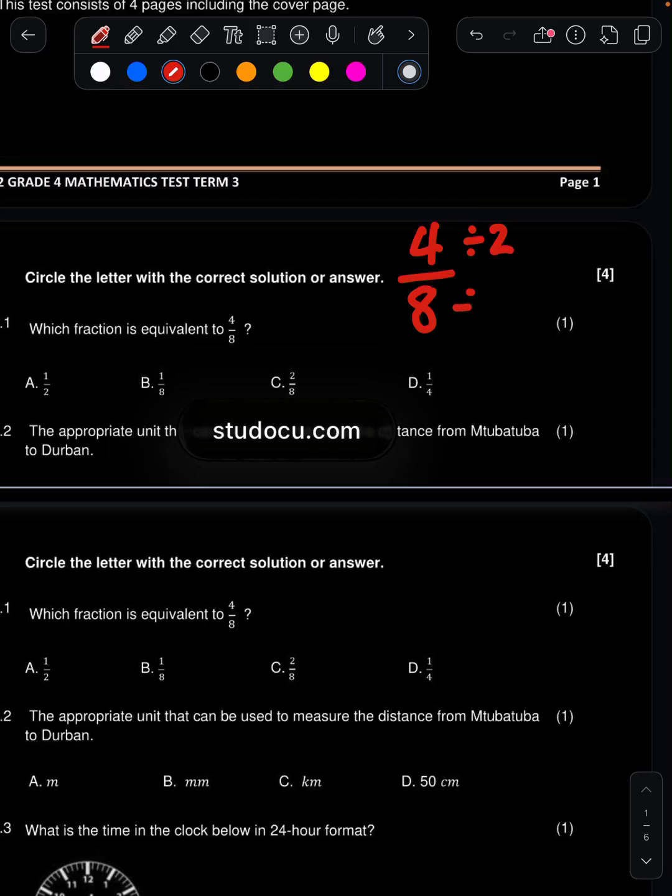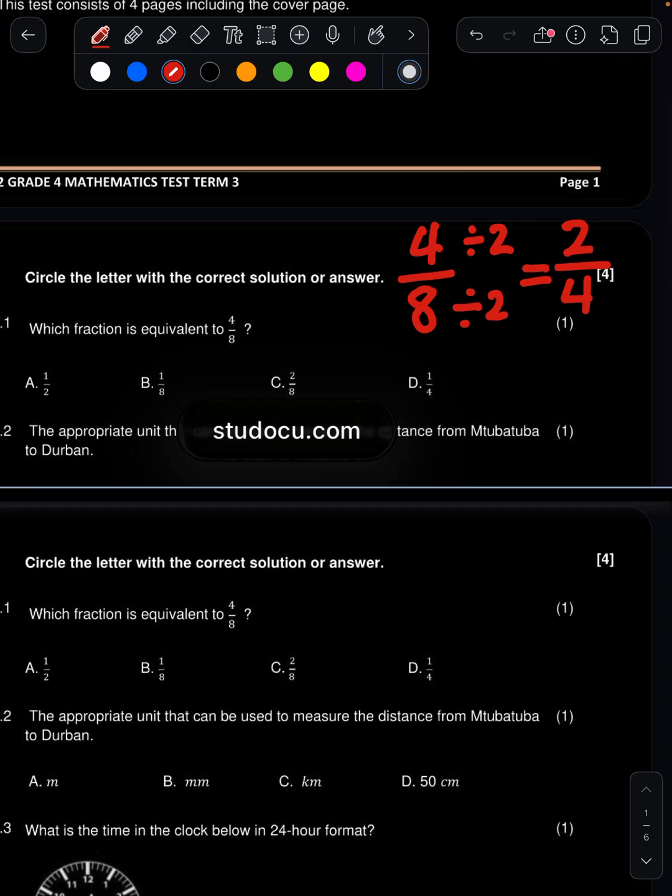An equivalent fraction, you just want to divide or multiply by the same number at the top and the bottom. So 4 divided by 2 is 2, and 8 divided by 2 is 4. 2 quarters. That could be one equivalent fraction.